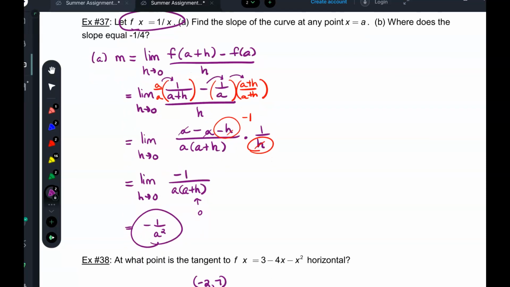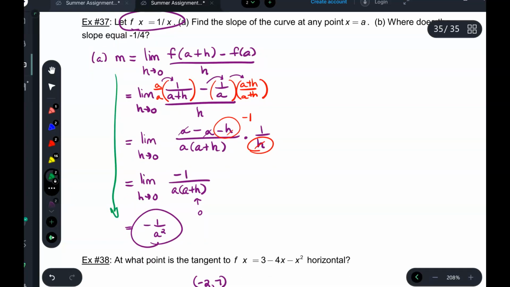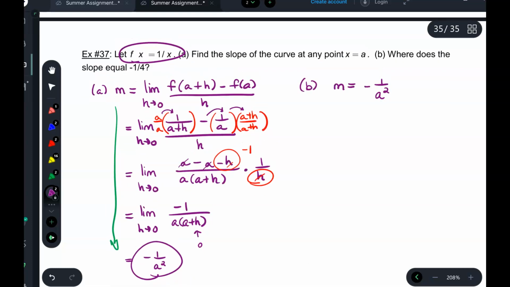So this is the slope. This is m. So for part B, if m is equal to the formula negative 1 over a squared, where does the slope equal negative 1/4? Whenever I'm asking for where does something occur, I'm looking for an x value.